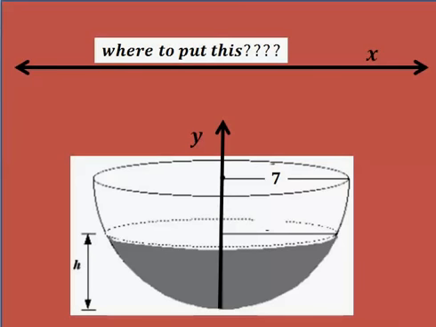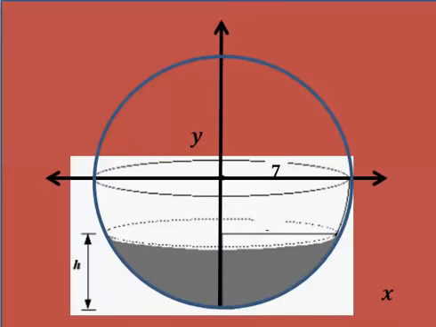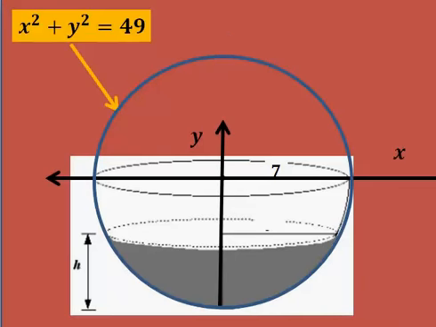Where to put the x-axis? Well, this seems the most natural, but algebraically speaking, I don't really want it there. I prefer to have the x-axis there because then my circle is centered at (0, 0), and the equation of my circle is as simple as possible.